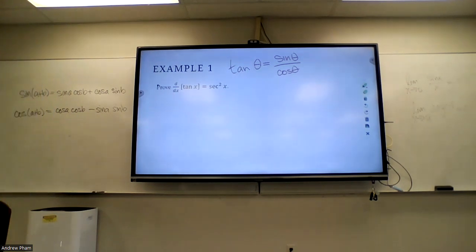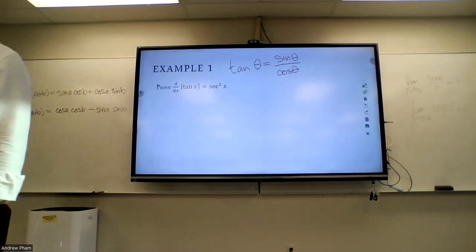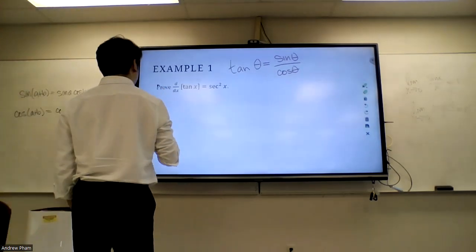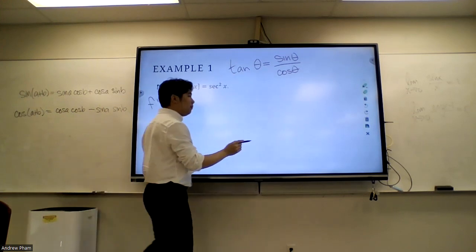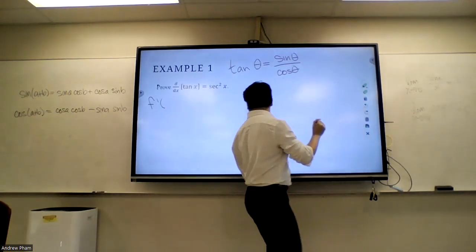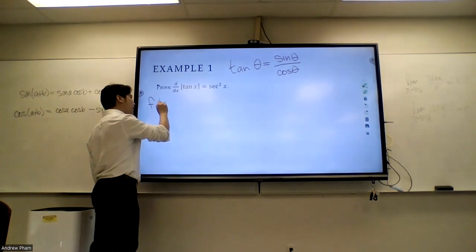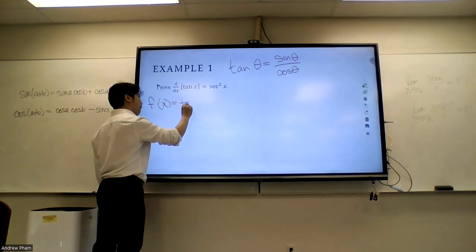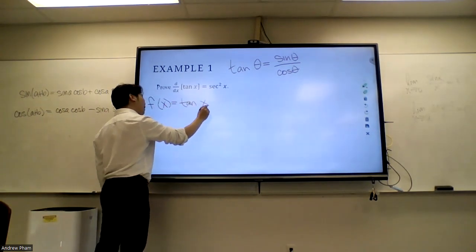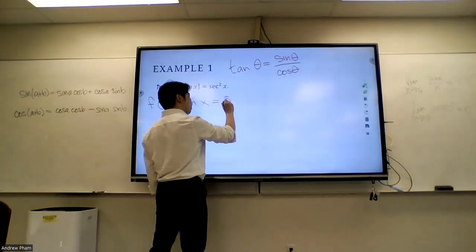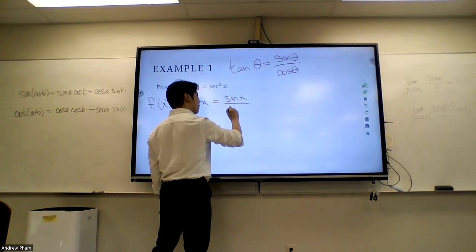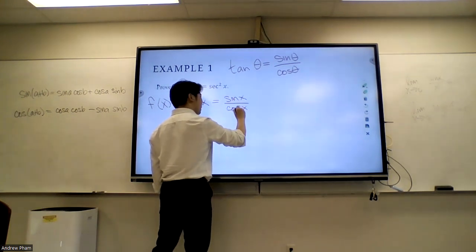So using what I have there, let's go ahead and get the derivative of tangent. So let's call it f of x, let's call it tangent of x, which we know to be sine of x over cosine of x, using that trig identity.